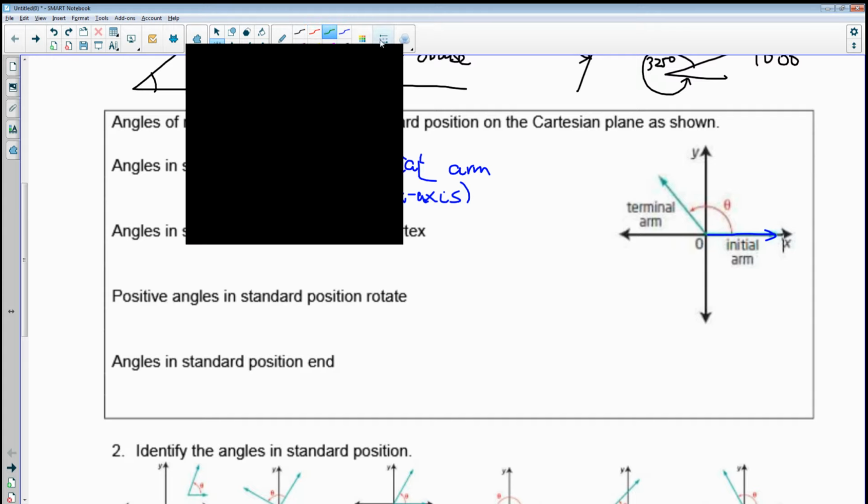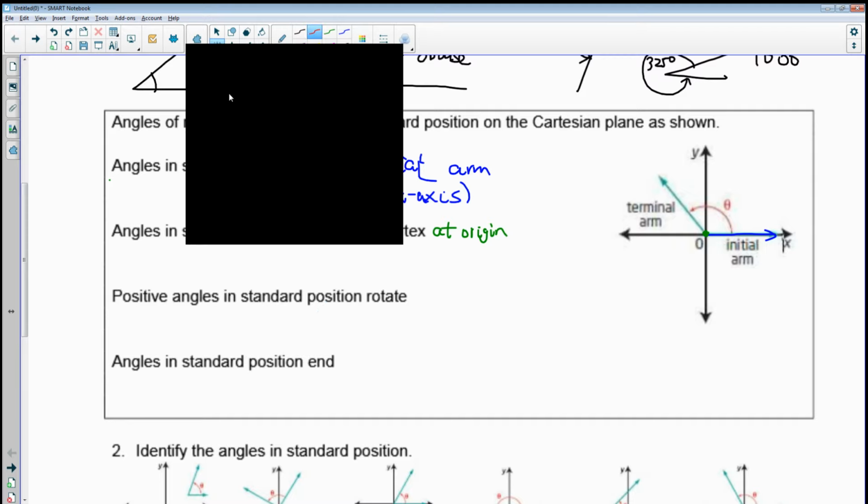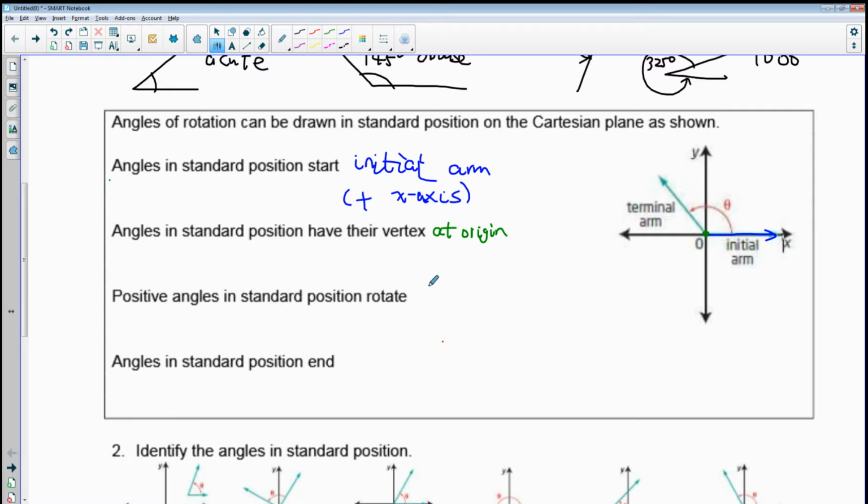All right, let's go backwards. The center of the position is the vertex at the origin. They're actually interchangeable. The vertex is right here. Okay, positive angles in standard position always rotate counterclockwise. So that's why it's important for you to label it. Always rotate counterclockwise.